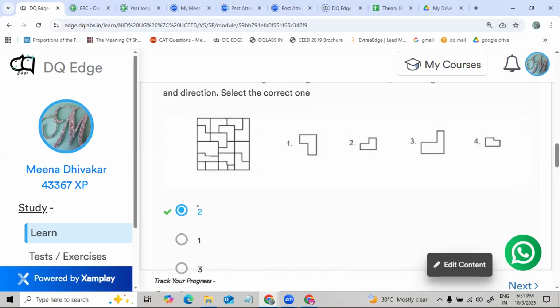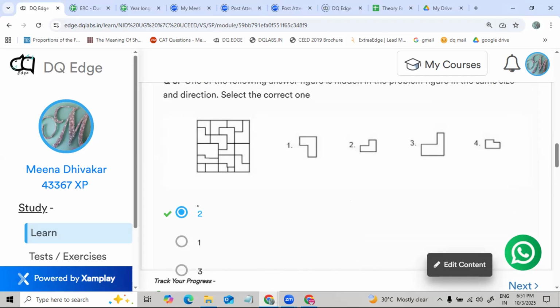Can you see this? This distance and this distance will be almost the same, but when you take the length of this, it's too long.